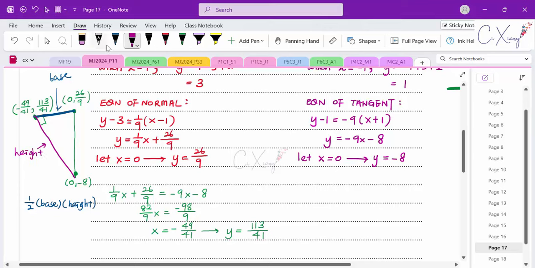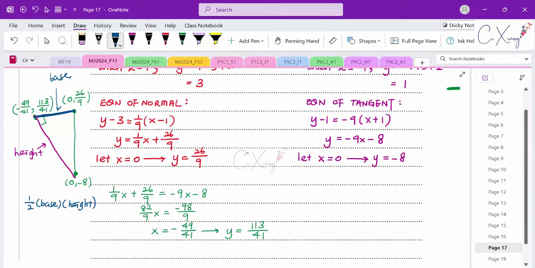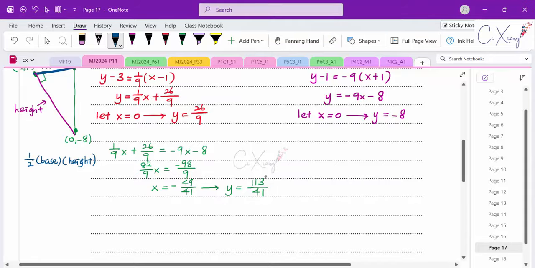Okay, so what is the base formula? You have 2 points here. I want to find the length for the base, so I use these 2 coordinates to find out the length for the base. So the base length is you take x1 minus x2 square plus y1 minus y2 square.